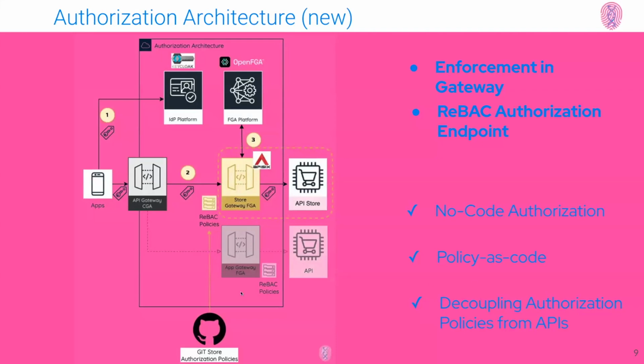Then every single time the app tries to access a particular API, the thing I added to the workshop is the API gateway in front of the API. In this case, it is some kind of authorization sidecar, because it's more related to the API that it is protecting.